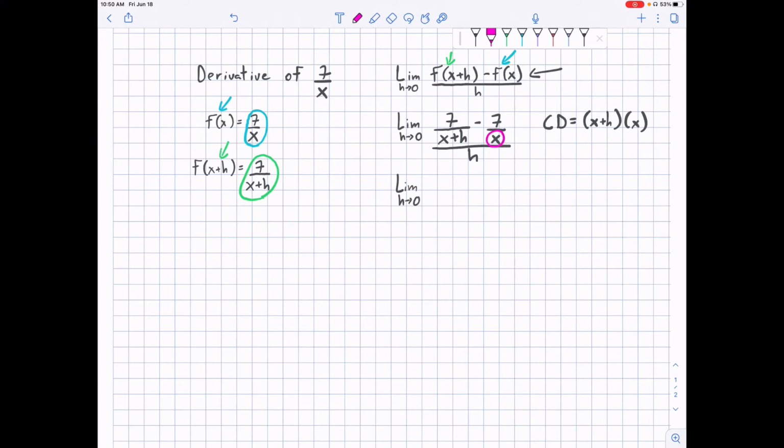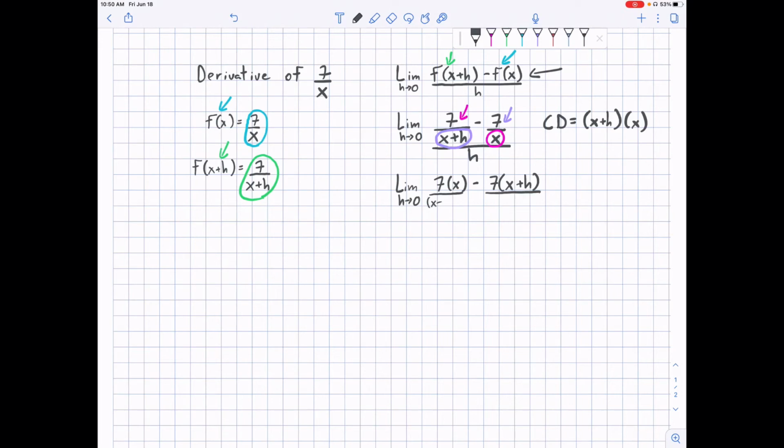So what we end up doing is, limit as h approaches 0, for the x that's in the denominator here, I'm going to multiply the other numerator by x, and for the x plus h that's in the denominator here, I'm going to multiply it up in the other numerator, where the purple arrow is. Again, this is just the standard creating a common denominator. So we end up with 7 times x, and then minus 7 times x plus h, and all over, I'll write it twice just so you can see that we've created that common denominator.